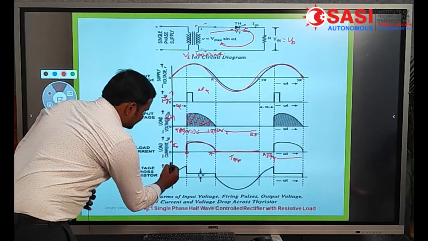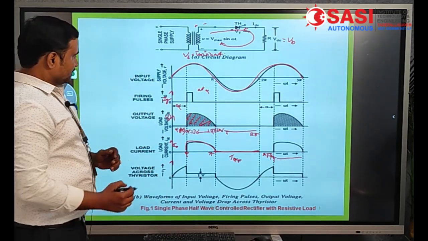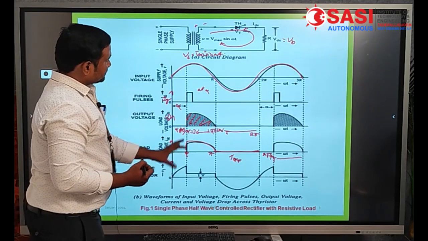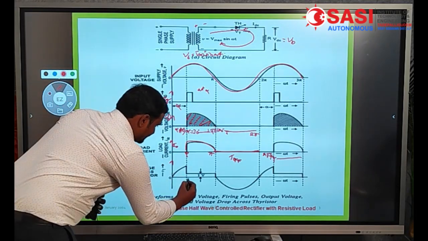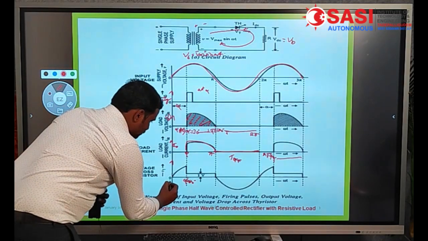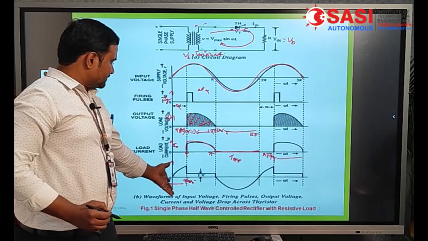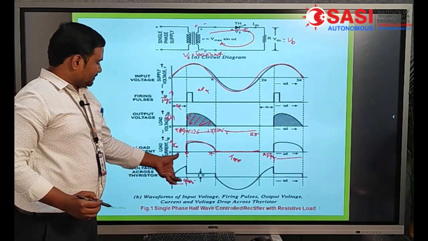So in this case we are going to analyze the waveform, that is the voltage across the thyristor. Whenever the thyristor is turned on at an angle of alpha, let us consider 30 degrees. So from 0 to 30 degrees the voltage appears across the switch.